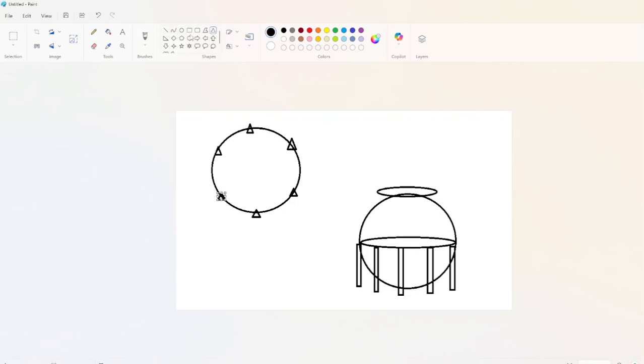And now let's make the center of the circle. No, it's too big. The center of the circle, which is still not round. Okay, there's the center, and now we're going to draw lines from it to all the directions.